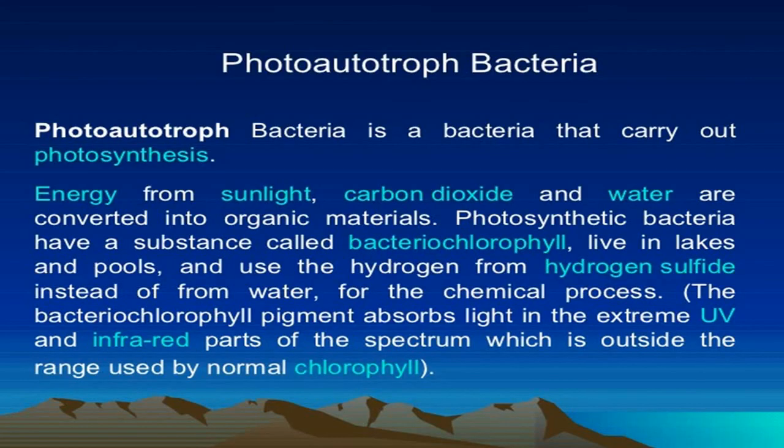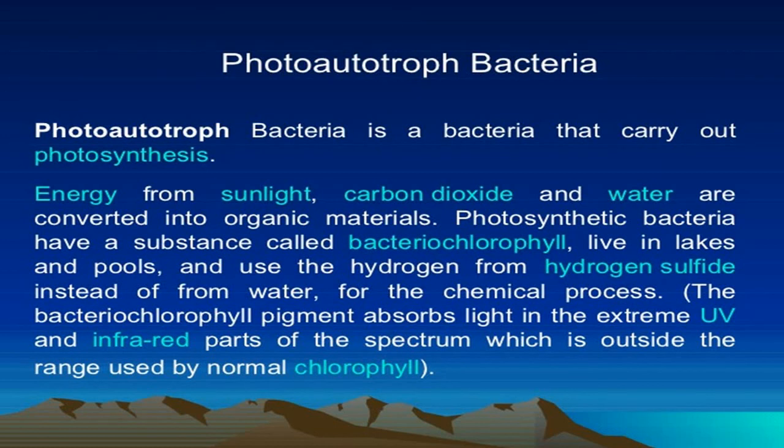Now the first one is photoautotrophic bacteria. These are the bacteria which are able to carry out photosynthesis. They obtain their energy from sunlight and use carbon dioxide and water to build up their organic material.